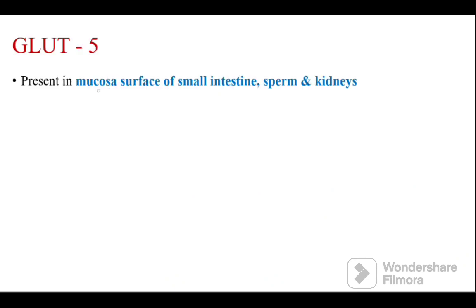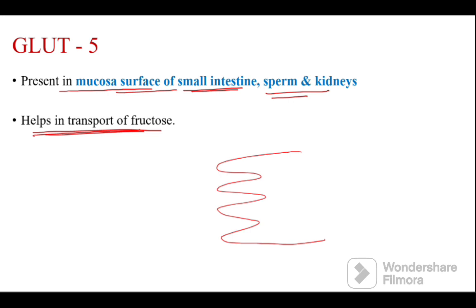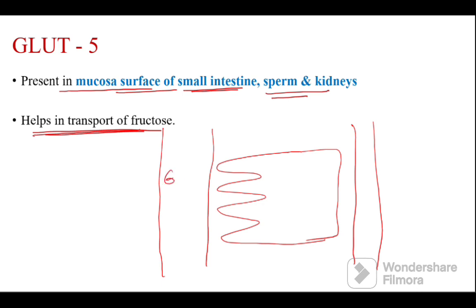Coming to GLUT5, this is present on the mucosal surface of small intestine, sperm and kidneys. GLUT5 especially helps in the transport of fructose. Again, if we see, this is the intestinal cell, and this is the intestinal lumen, and this is the capillary surface. Glucose enters through the SGLT transporter. This is SGLT, and here again there is GLUT.